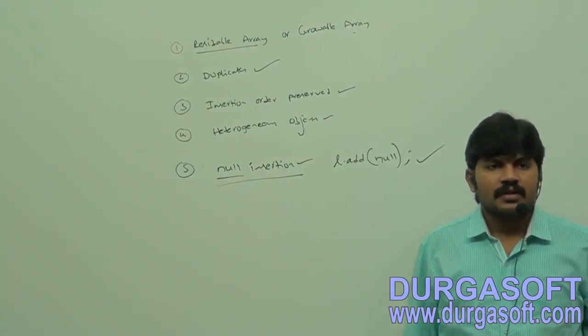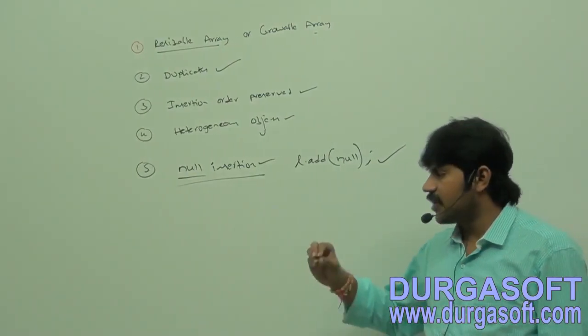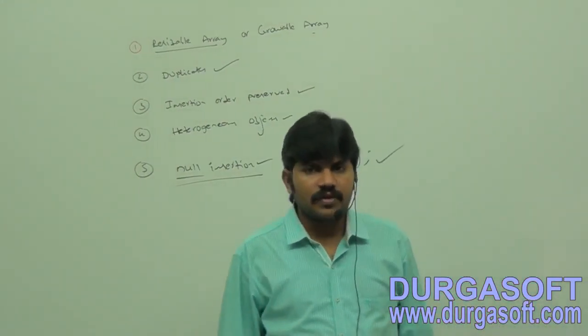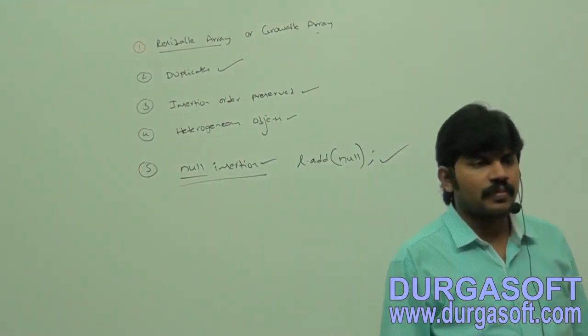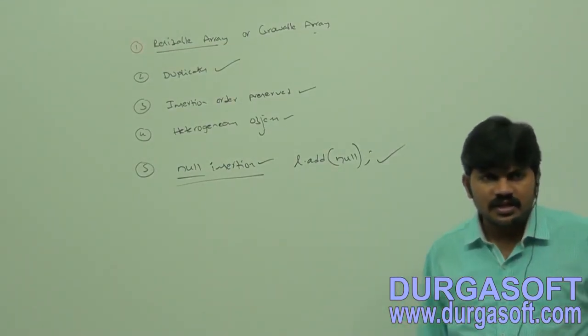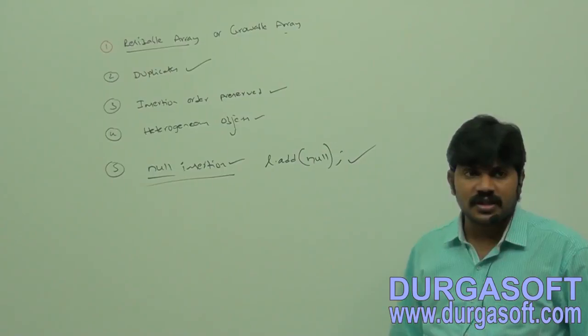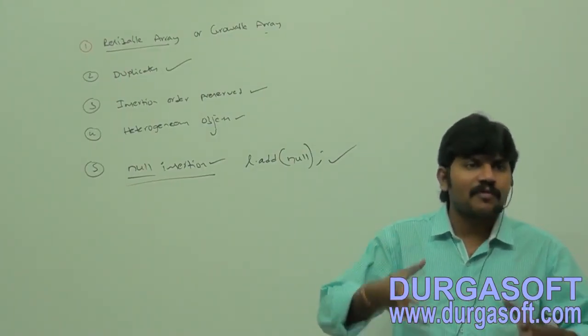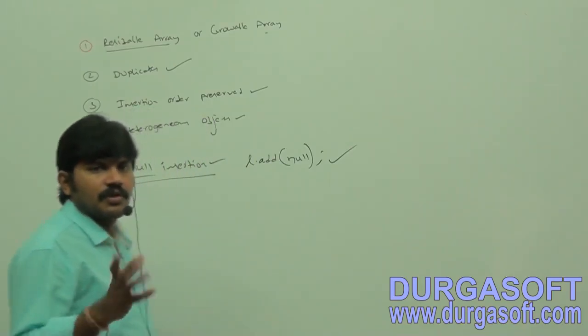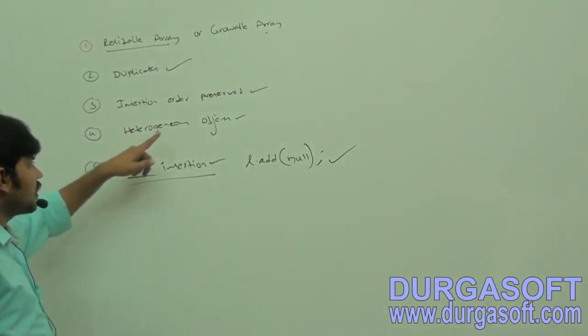What is the meaning of heterogeneous? Different types of objects. Except TreeSet and TreeMap, everywhere heterogeneous objects are allowed.